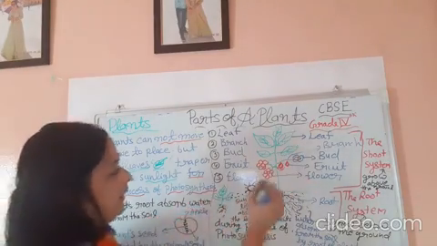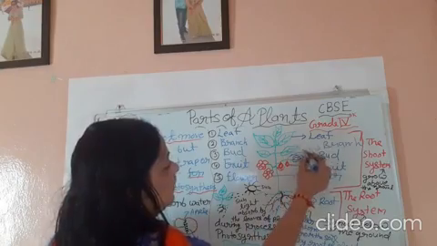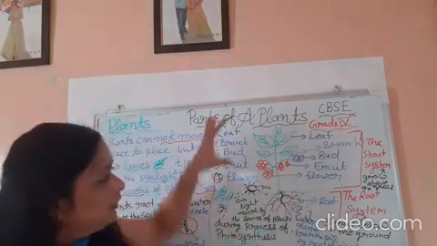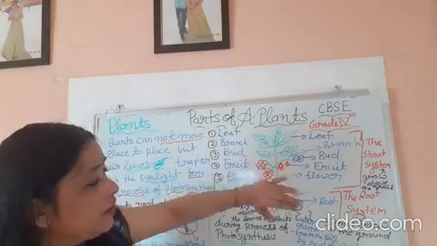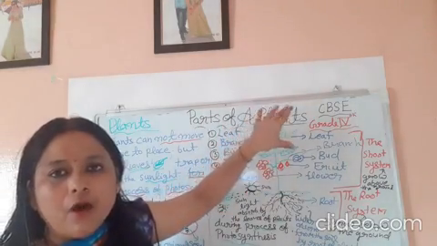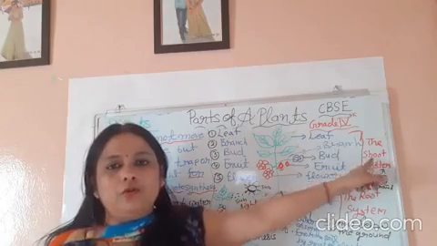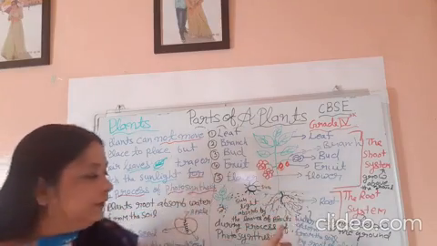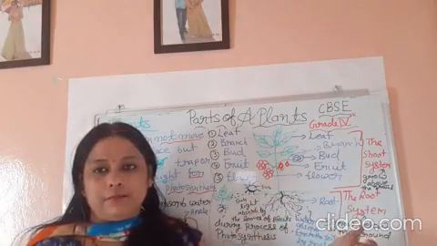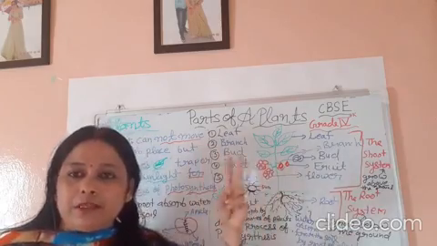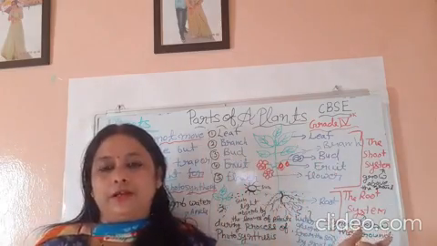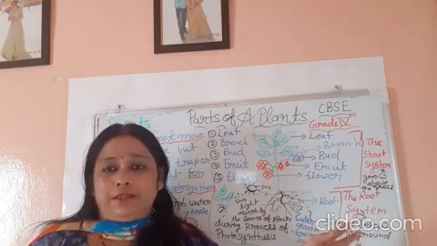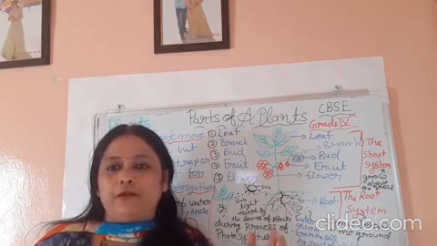The part of the plant that grows above the ground is called the shoot system. The part that grows below the ground is called the root system. So plants have two systems, the root system and the shoot system.